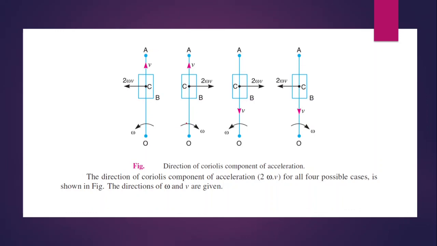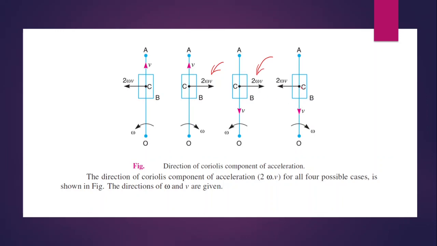If omega is in the clockwise direction and v is in the outward direction, then 2 omega v will be like this. Similarly, when omega is anti-clockwise and v is inward, towards O, the Coriolis component will be like this.